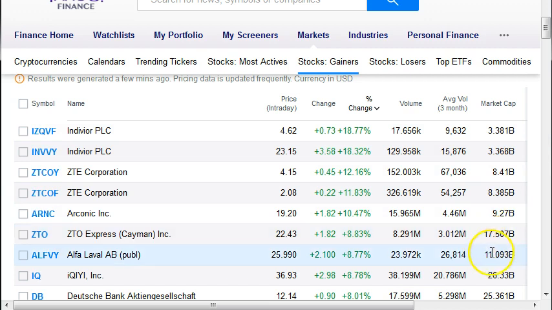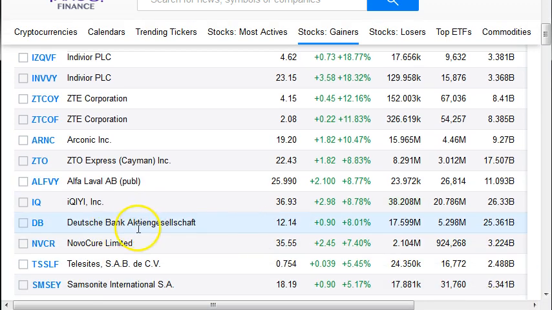For example, Deutsche Bank has a $25 billion market cap, and big stocks normally have corresponding options. So I want to know if there are any options for Deutsche Bank and how these options are performing. Keep in mind the stock went up 8.01%.